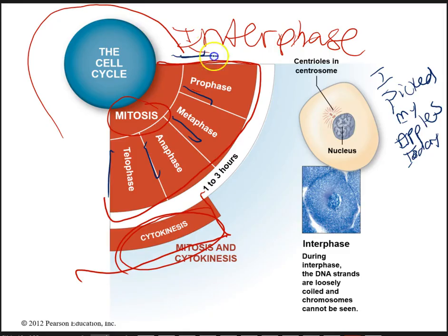So during interphase, this is just the cell normally being the cell. During interphase, the DNA is loosely kind of messy, right? You can't see nice tight chromosomes. The DNA exists as chromatin. So when you look at the cell, you see just messy, loose DNA.